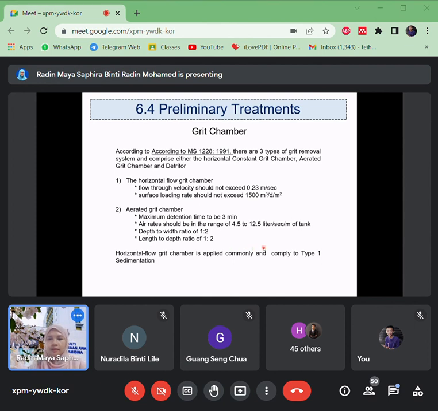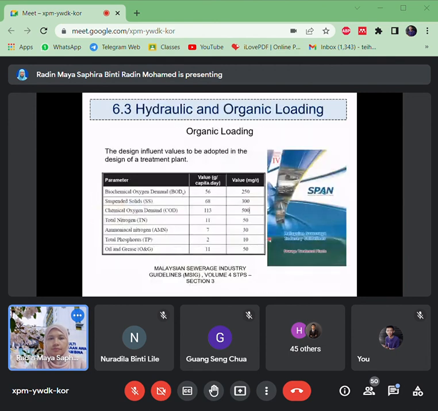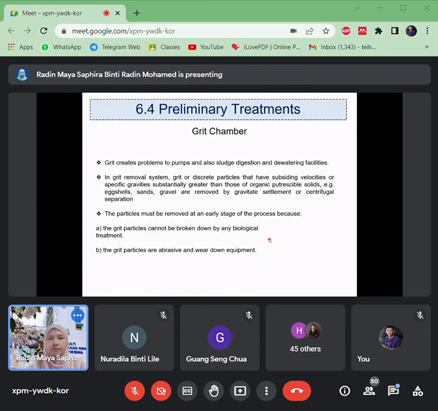Grit means grit particles like sand, gravel, right? Something discrete particles, which means they are big lah, eggshell, sand, gravel that we cannot biodegrade biologically.